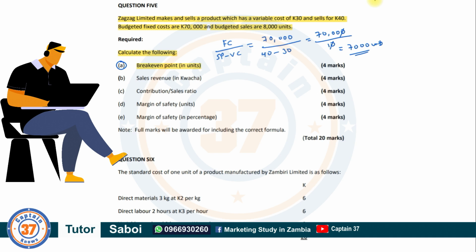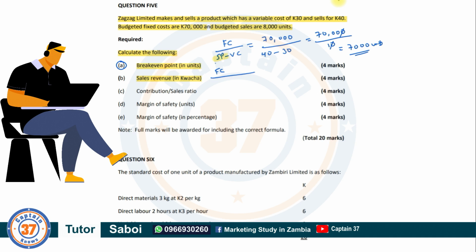B, we are supposed to calculate the sales revenue in kwacha. That again is very easy, because what we're going to do is get the fixed cost and divide it by the contribution per unit. Remember the contribution per unit?